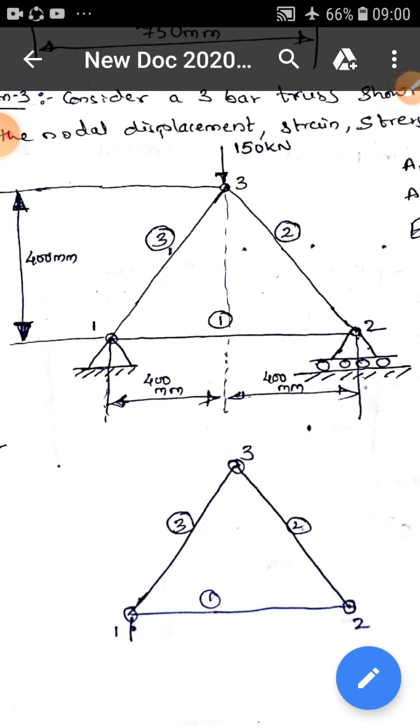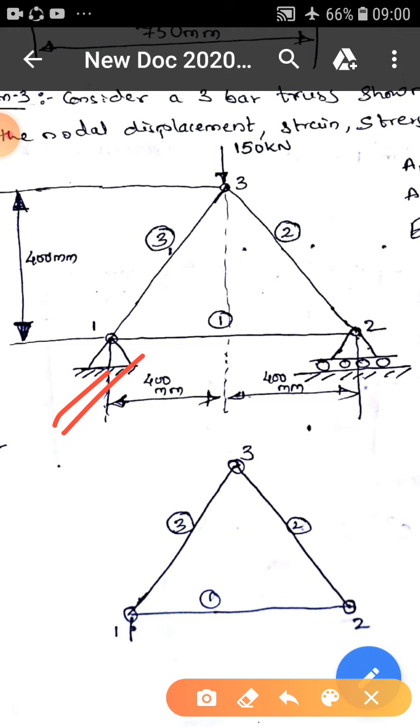Apart from this, you can see something else here in the boundary conditions. Boundary condition 1 is fixed, whereas at node 2 you can see some circles drawn here. It means that it is a roller support. Roller support means what?